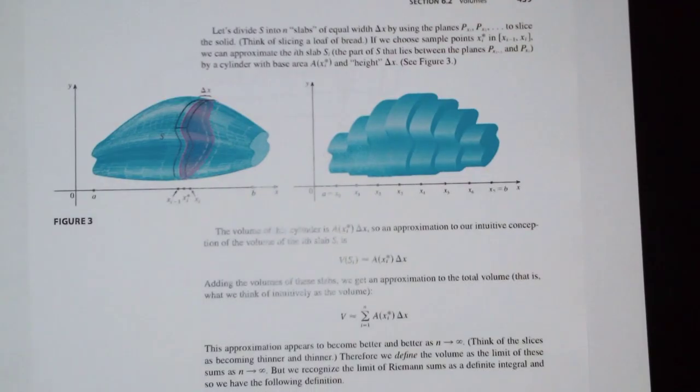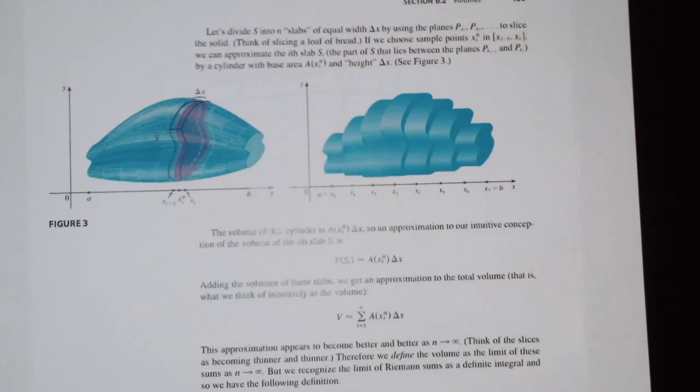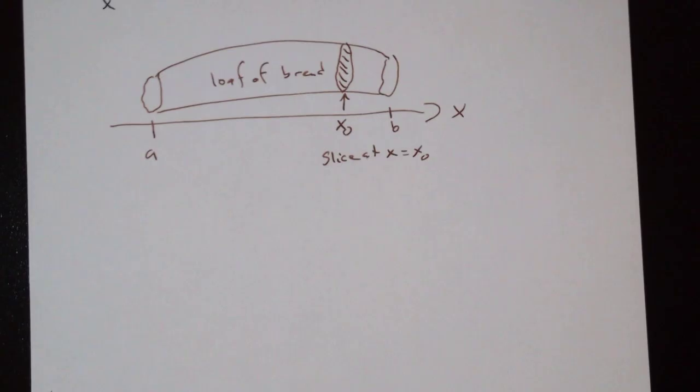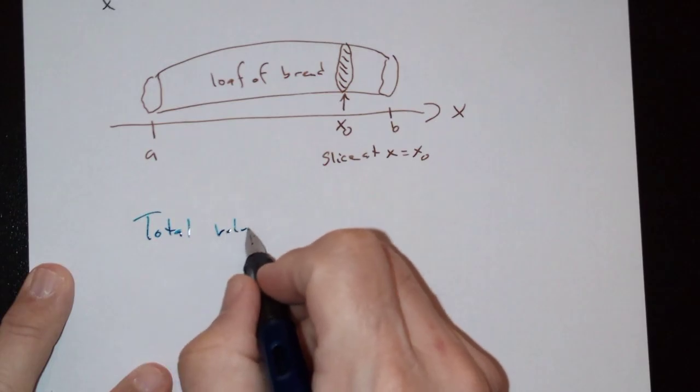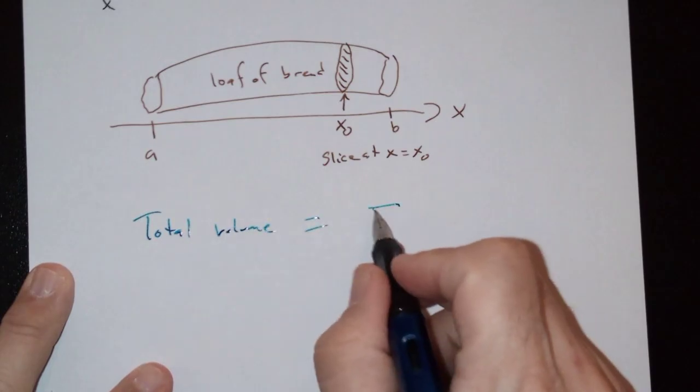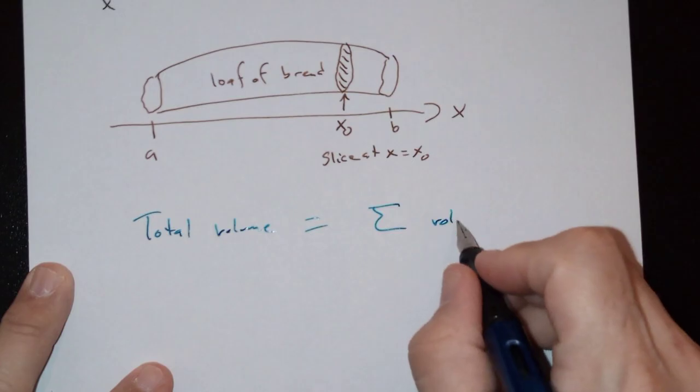And if I use more and more and more slices, I'm really doing a total volume. Wait a second. My total volume is the sum of the volume of my slices.